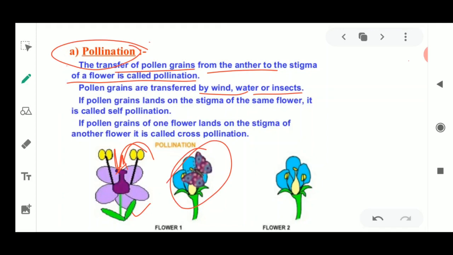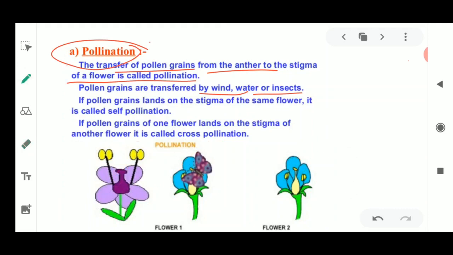The pollen grains will stick to the body of the insect, and they are going to move from one flower to another flower, and then once the insect sits on the stigma of a flower of the same type, it is going to transfer the pollen grains from its body to the flower. Or if there is water, rainfall is happening, this rain is going to carry them away. So these are the ways by which pollen grains are transferred from one flower to another flower.